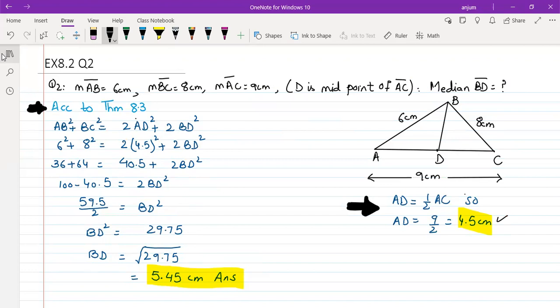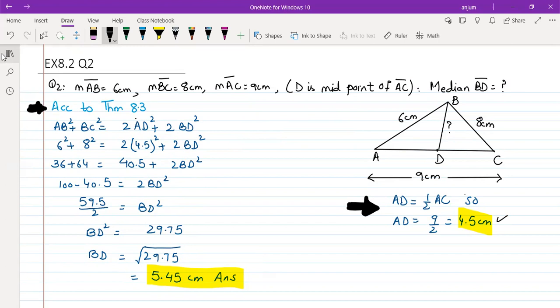We have to find median BD in this question. So we will apply Apollonius theorem, theorem 8.3, and according to this diagram it will be AB square plus BC square is equal to 2AD square plus 2BD square. Now we will put all the values over here. AB is 6, BC is 8, AD is 4.5, and we have to find BD.